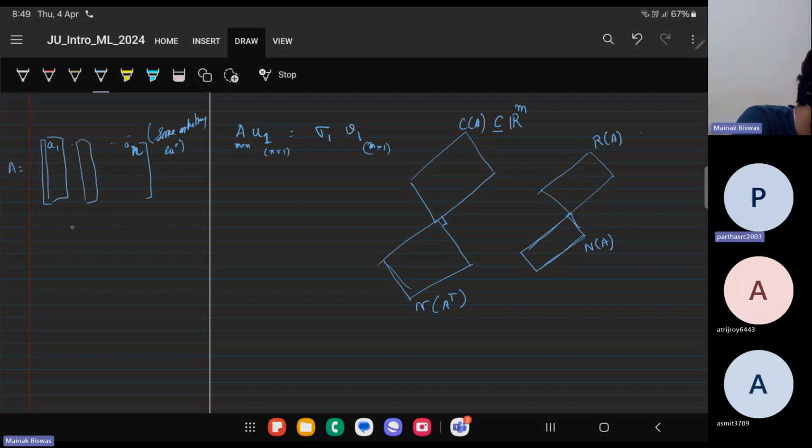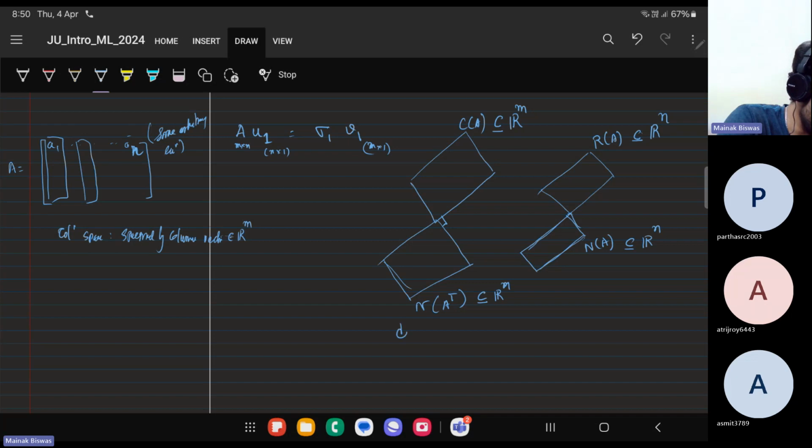The column space is spanned by vectors which belong to Rm. The row space is a subspace of R to the power n. So is the null space, a subspace of R to the power n.